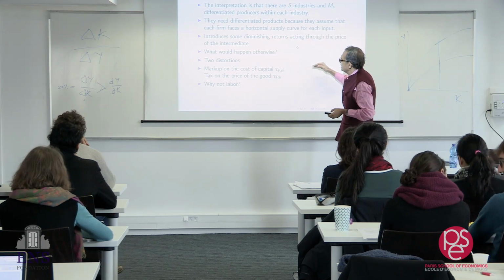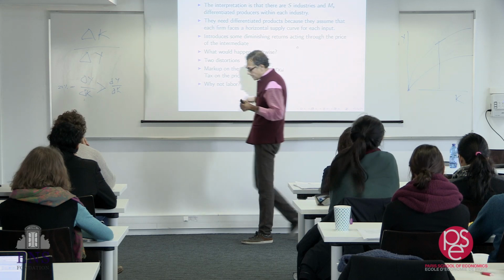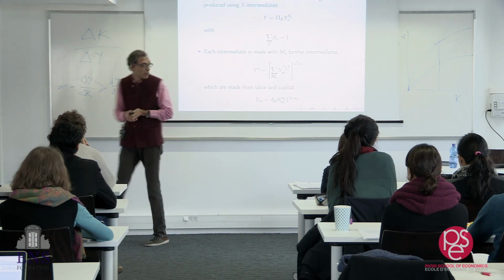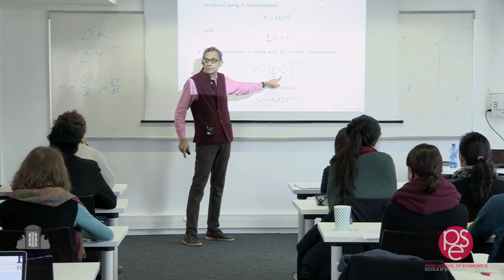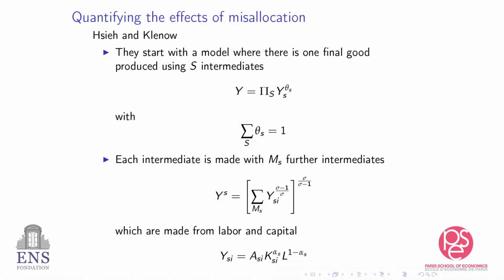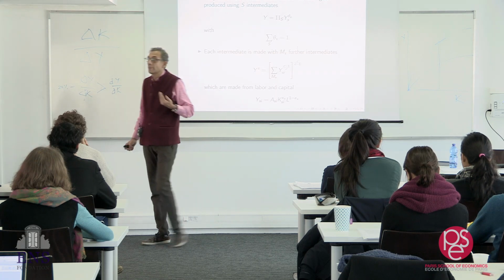This is everything I've said here. The one thing this formulation does is they make these YSIs not perfect substitutes. They have a CES production function. Why do I not want to make them perfect substitutes?